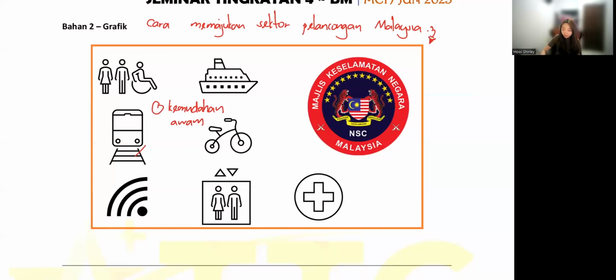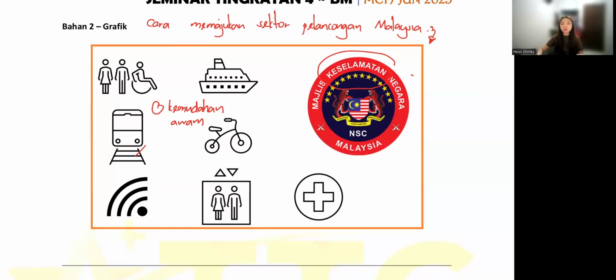Then after that, the second one, keselamatan. You see, if we wanted to improve and also attract other people come to our country, safety is very important also, right? Is perkhidmatan a good alternative option? Perkhidmatan, because in the pictures here, they never mention the perkhidmatan, the services. Of course, perkhidmatan it can be, but you need to relate to the picture.